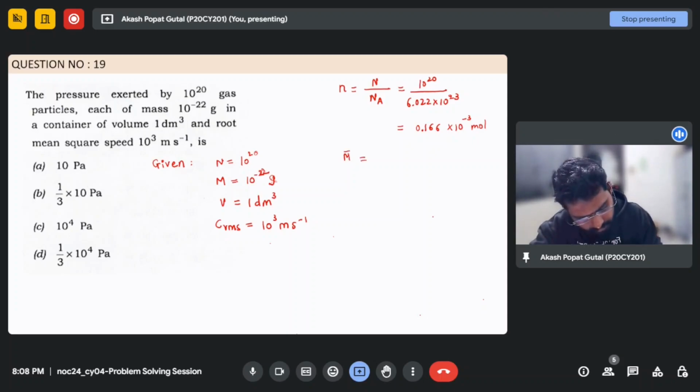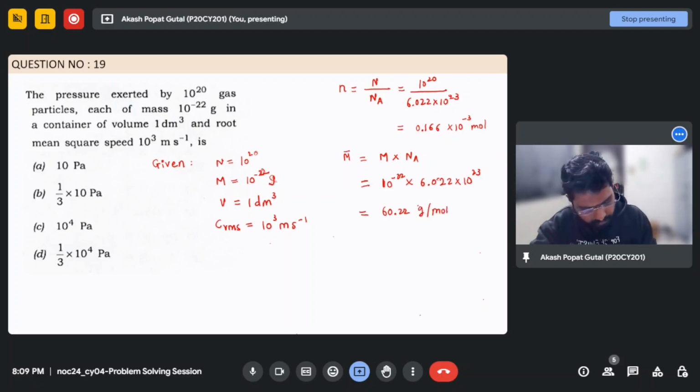Molar mass we can calculate using individual mass into Avogadro number: 10 raised to minus 22 into 10 raised to 23, 60.22. It's gram per mole. So this is in gram.